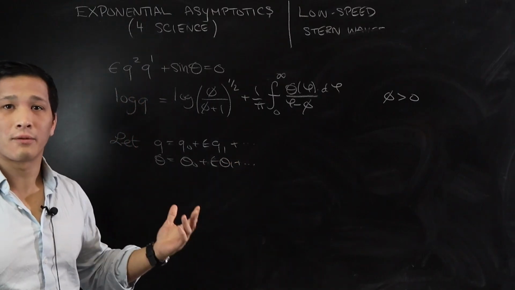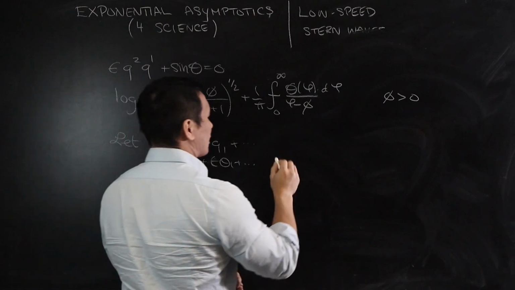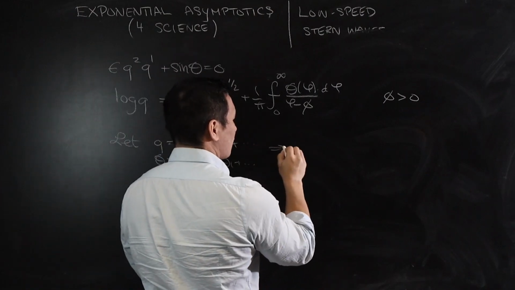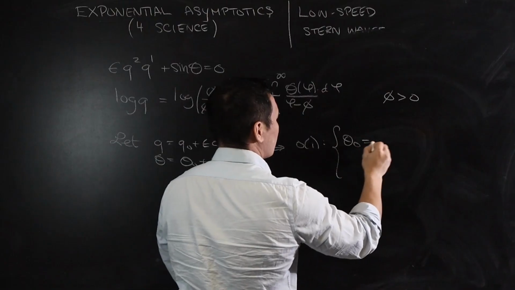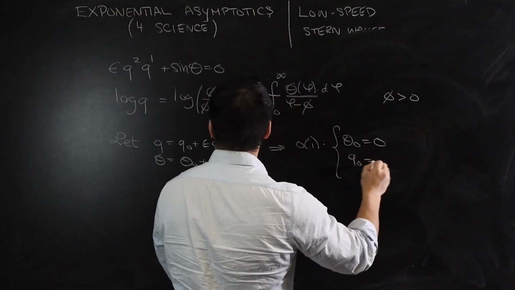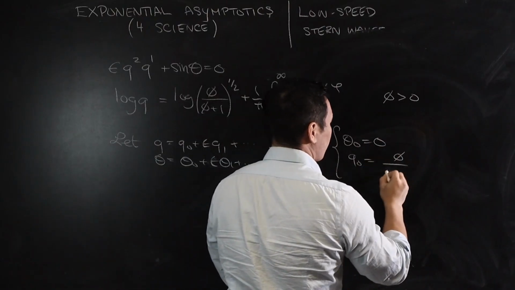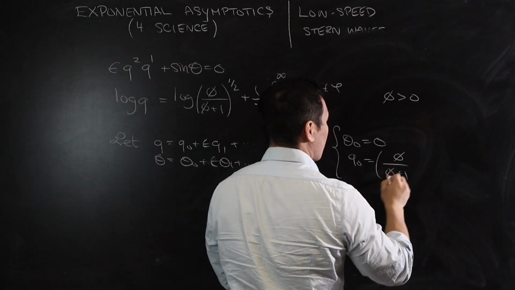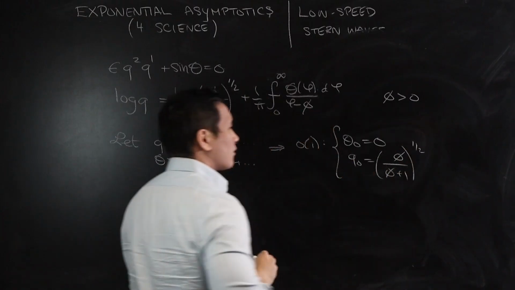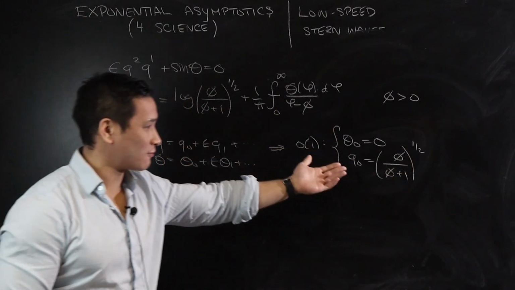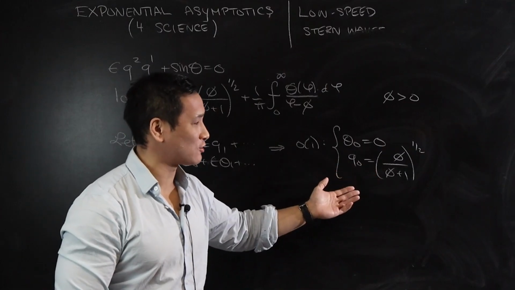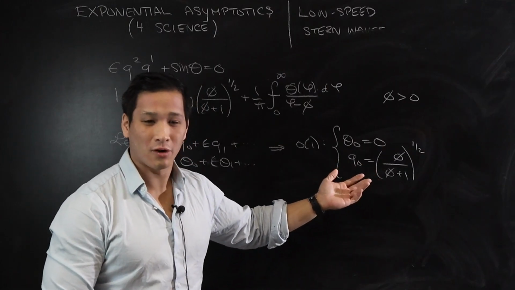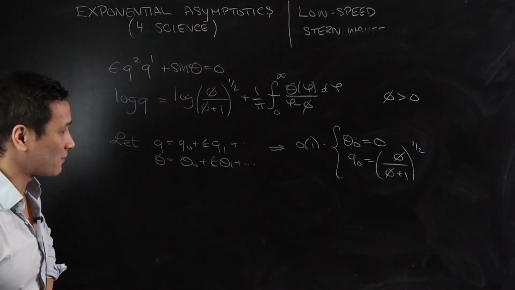And we know that by that procedure, at leading order, if I look at the order 1, I'm going to get theta naught equal to 0 and q naught equal to phi over phi plus 1 to the 1/2. Right? And we know that that gave us a great approximation. I mean, it wasn't so great in the sense that it didn't give us the waves, but it still matched what we were expecting for our numerics.